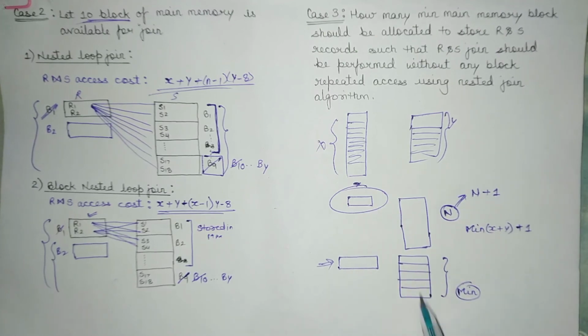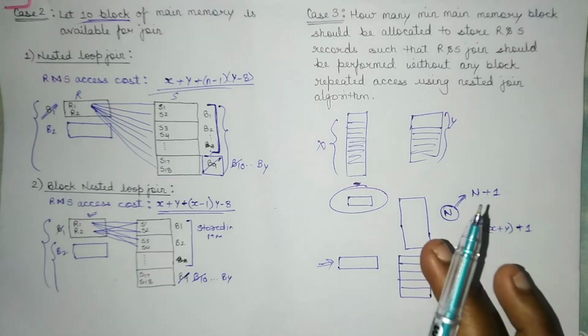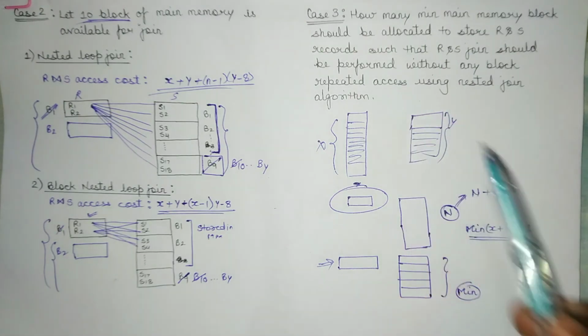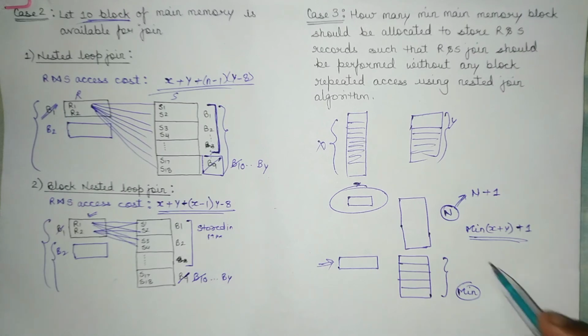If Y is minimum, we will be keeping Y in the memory plus 1 block for the relation R. If X is minimum, we will be keeping the relation R in the memory plus 1 for the iteration of Y. So this is the minimum memory required to perform the join operation without any repeated block access. I hope you got an idea of how things are working.